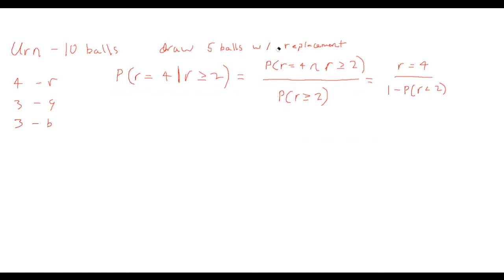So this denominator can also be broken up into 1 minus the probability that R equals 0 plus the probability that R equals 1.